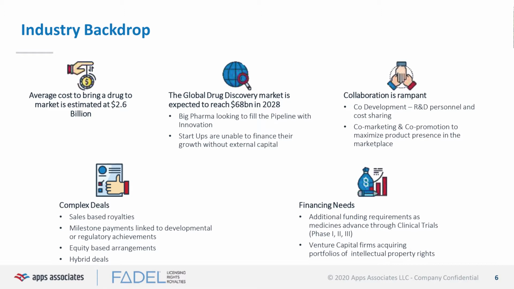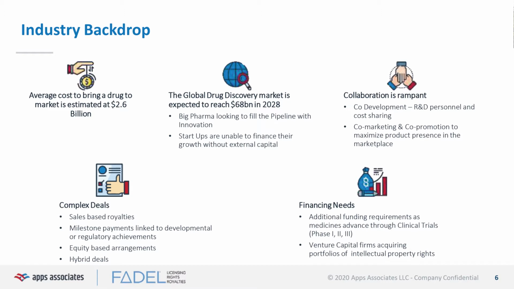I'm sure everyone's seen the news of the new COVID drug, the first one coming out from the Pfizer and BioNTech collaboration. That's really just one example of what's going on all across the industry.